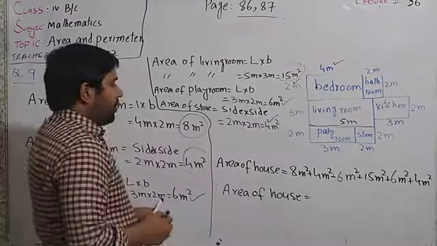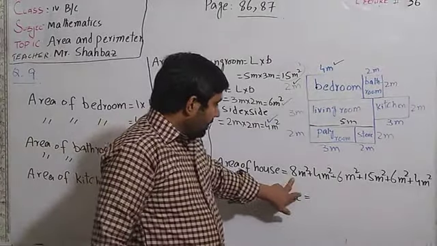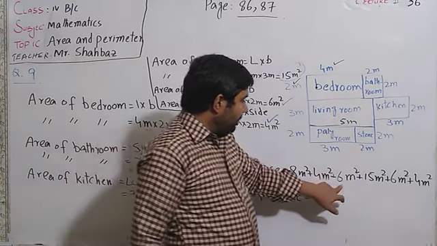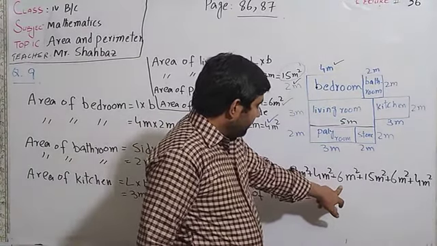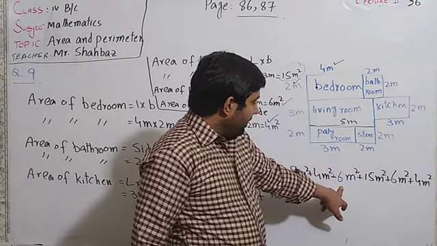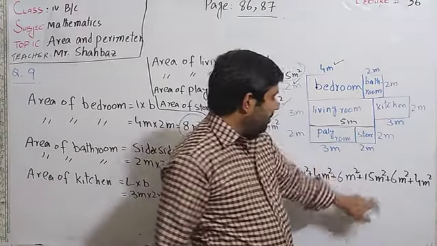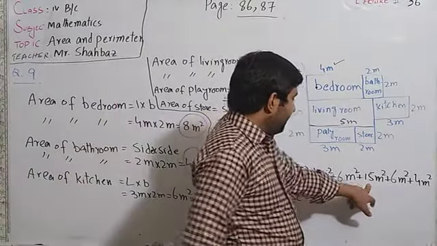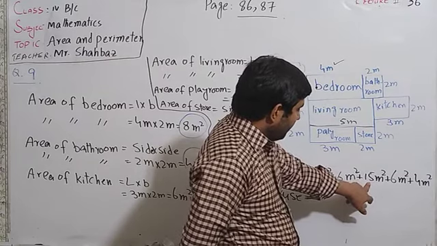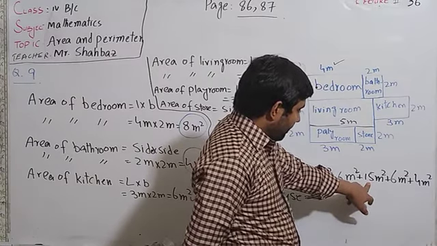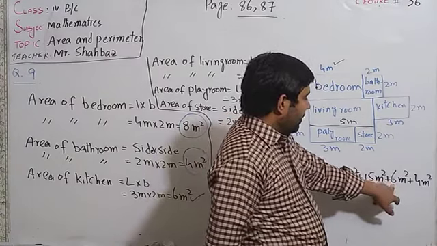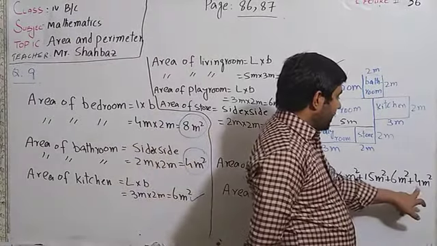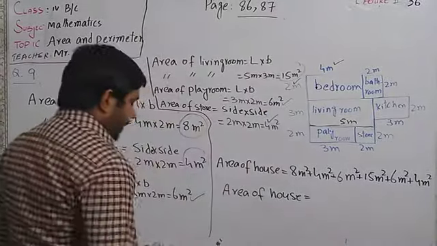Now we just add: 8 plus 4 will be 12, 12 plus 6 will be 18, 18 plus 15 will be 33, 33 plus 6 will be 39, 39 plus 4 will be 43.